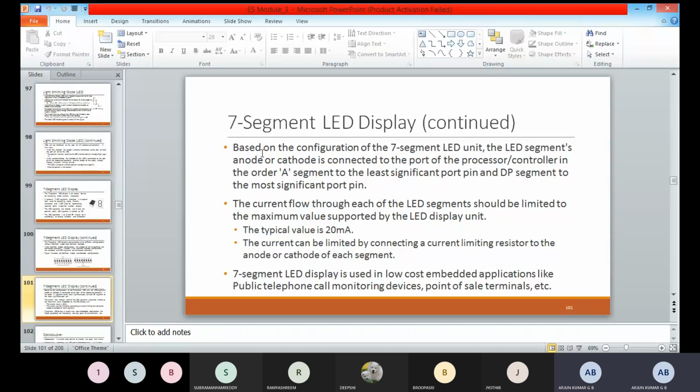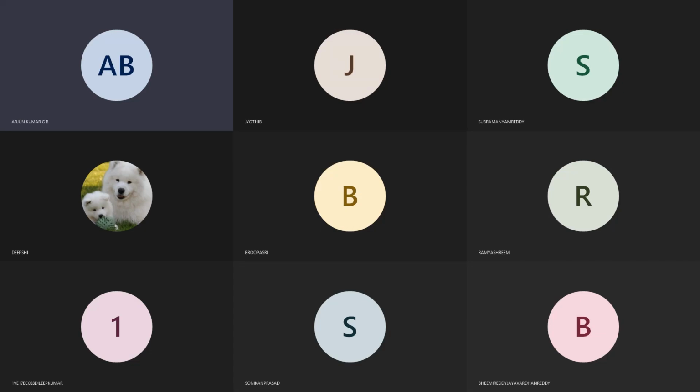The current can be limited by connecting a current limiting resistor to the anode or cathode of each segment. If excess current flows through each port, it damages the display. To avoid that, there is a current limiting resistor, connected in series with the cathode or anode of each segment.